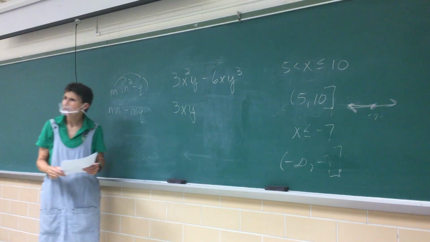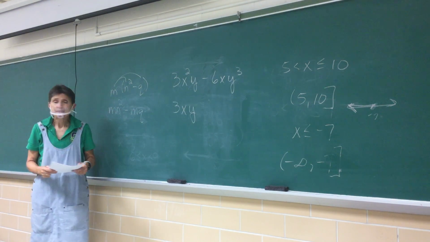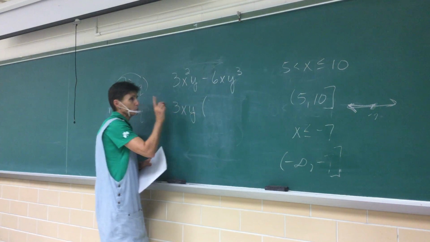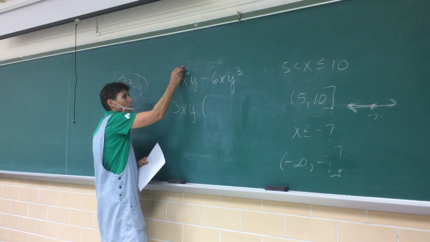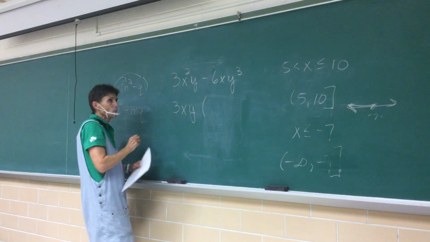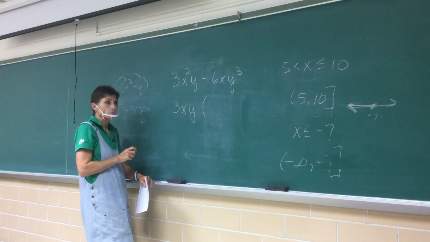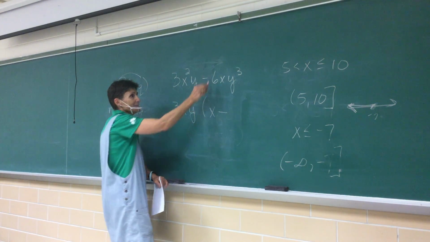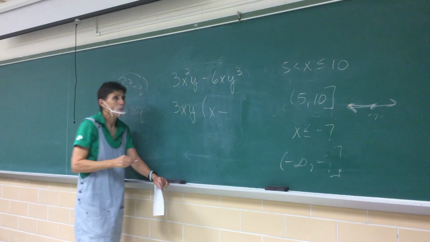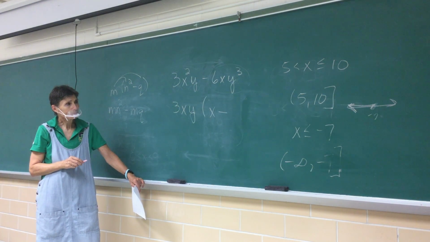I think she's right, do you? And if we take out a 3 and an x and a y, what will we have left here? If we pull out a 3, an x, and a y, x, and then our minus sign. Now we're going to take a 3x and a y out of that.